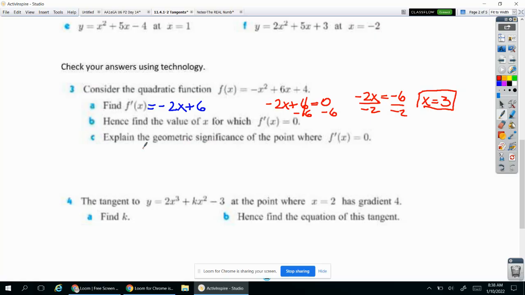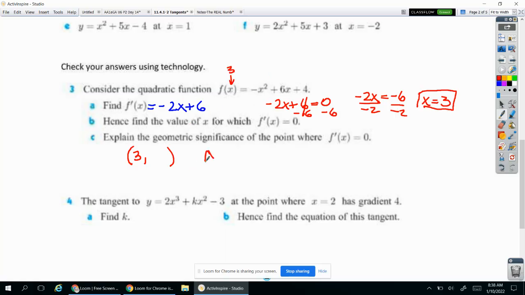So then explain the geometric significance of the point where f prime of x equals 0. So we do have the x coordinate. Let's go ahead and find the y coordinate. Right, so we will find the y coordinate by going back to the original equation and substituting 3 for x.